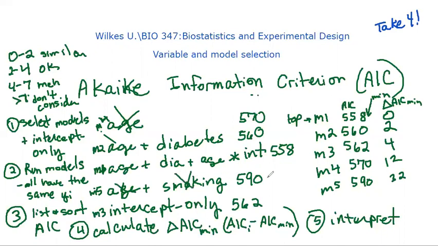That's not to say these variables are not important, but that model. So age and smoking together and just age by itself. And here's an important thing. Let's get a measure of where our intercept was, 562. So there's our intercept.